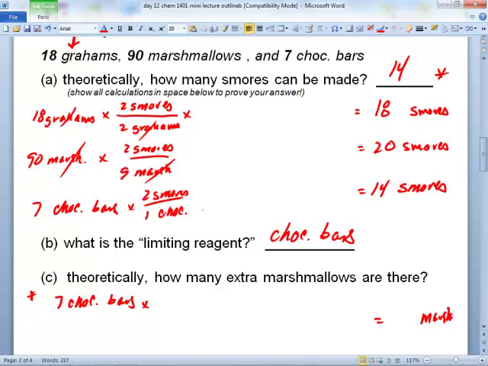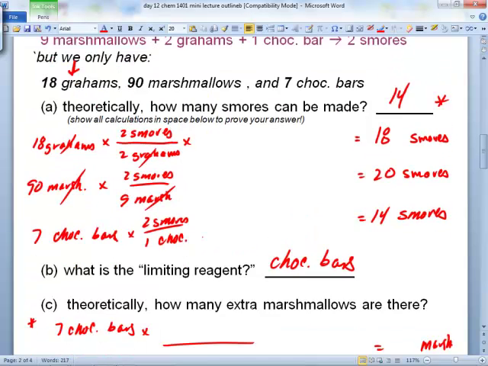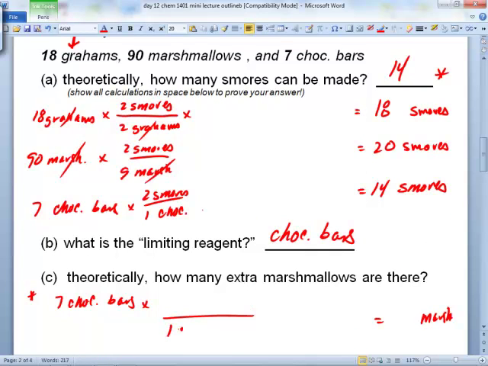So convert 7 chocolate bars were used up. We have, what was it? 1 chocolate bar for every 9 marshmallows. So, oh, we're done, because they cancel. 9 times 7 is 63.